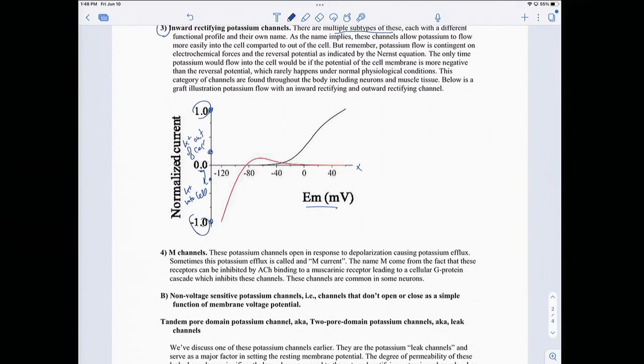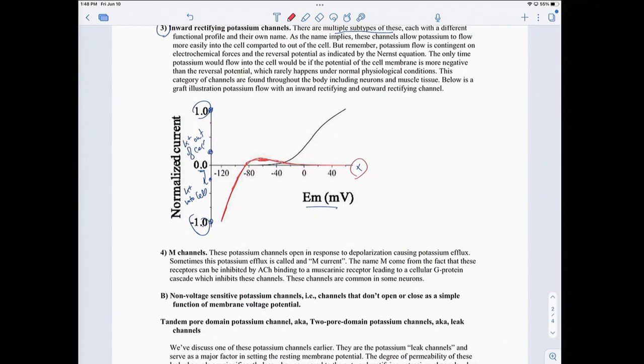Okay, so you have your y-axis and your x-axis. What I want to do is draw your attention to the red line. I'll just retrace over here. This shows a characteristic: the x-axis is the potential of the membrane, and the y-axis is the movement of current, and the direction of that movement, in this case potassium, whether it's leaving the cell or going into the cell.